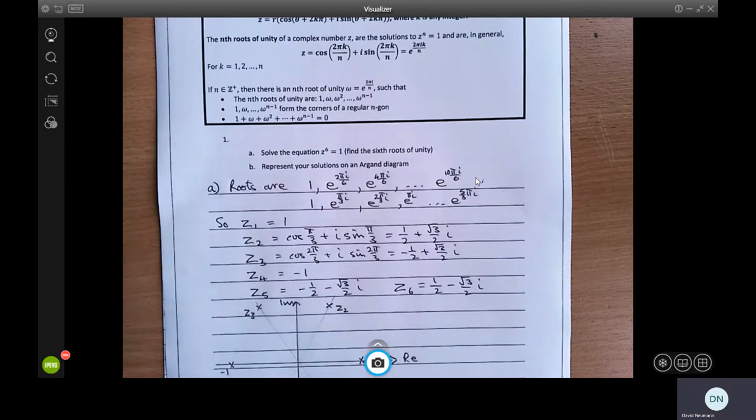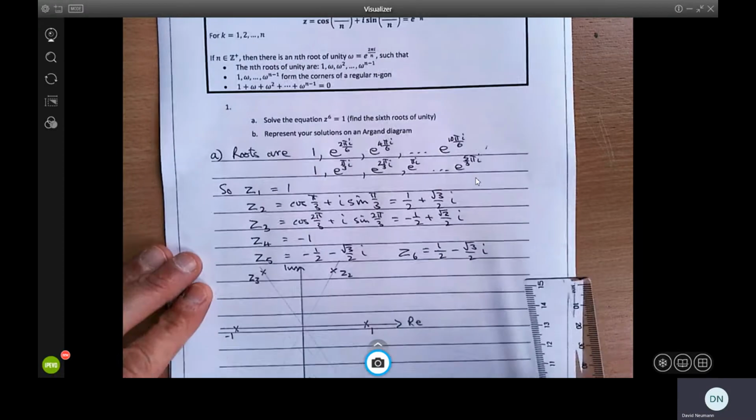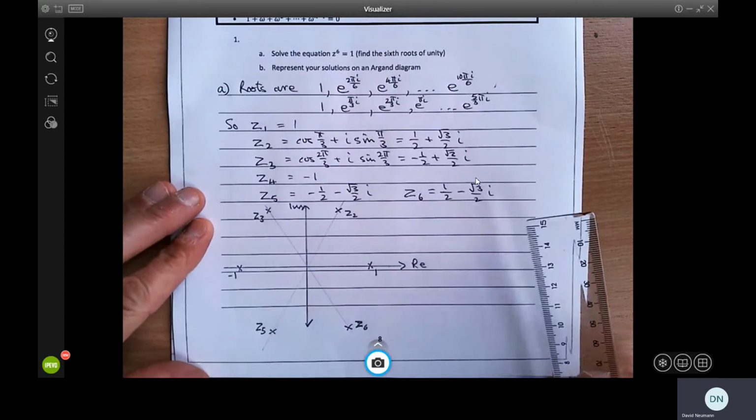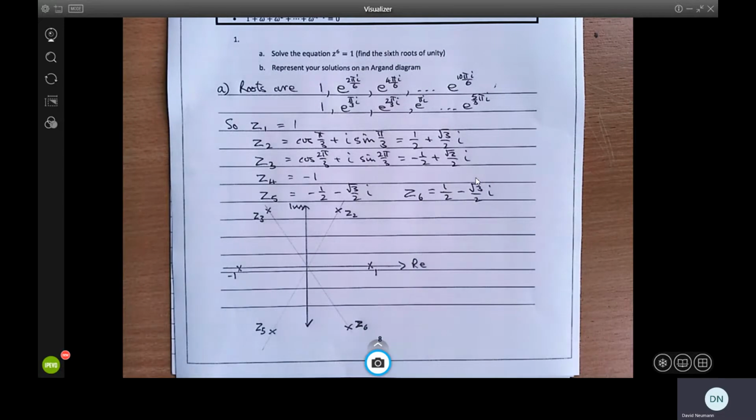Just checking to see that I had written down Z6 there. So let's show you that. Sorry, I've got it off the camera. There are 6 sixth roots of 1, and you can see that they all lie on a circle of radius 1 around the origin, as we would expect.